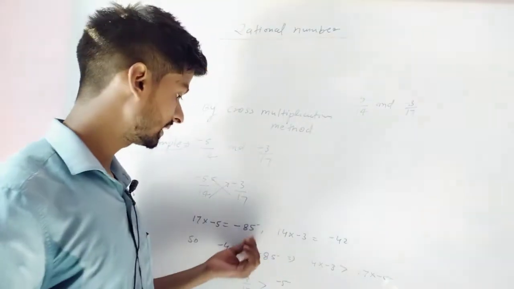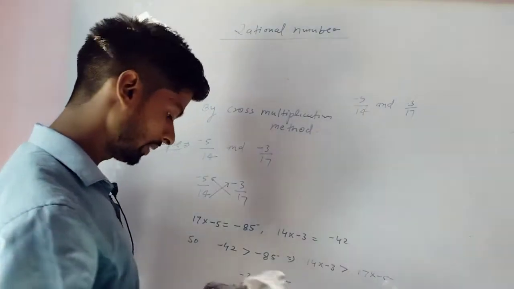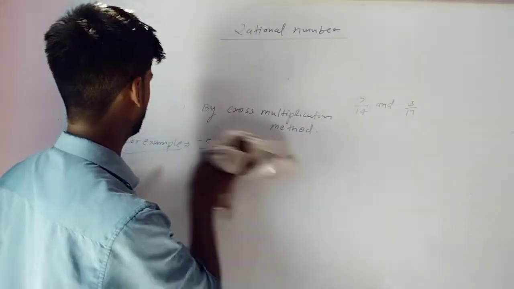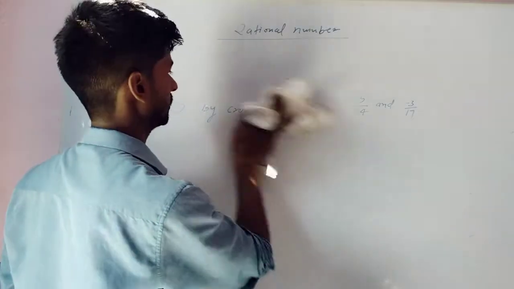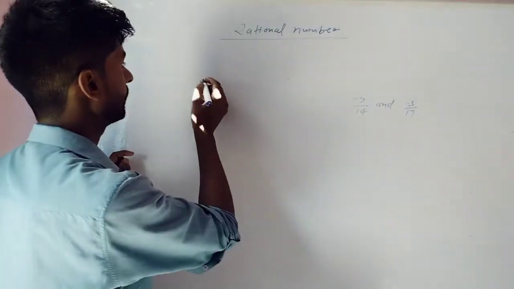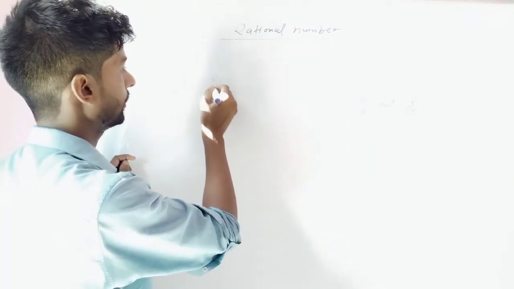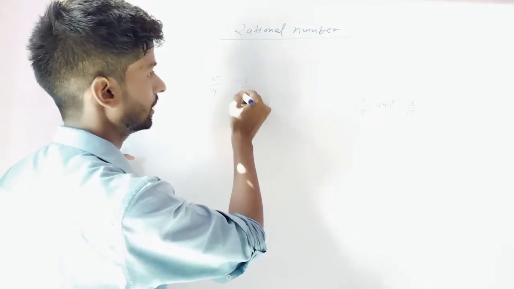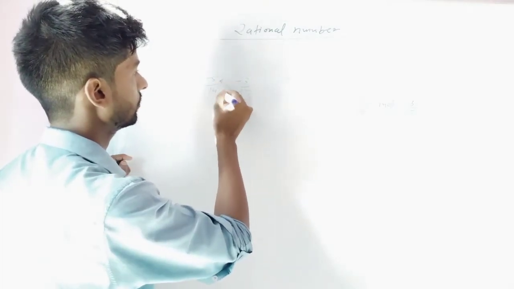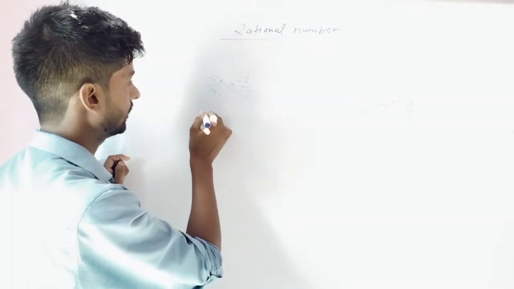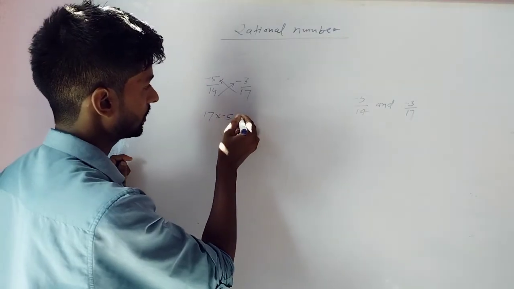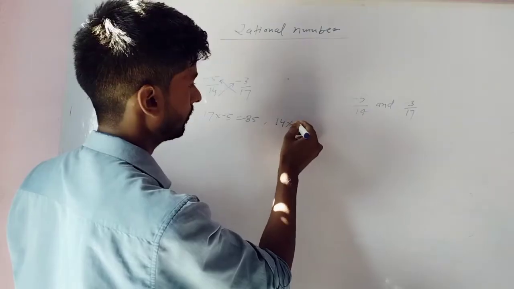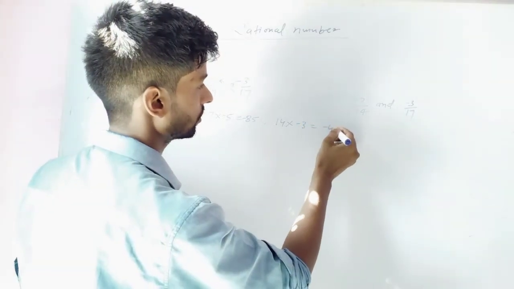Okay, we will see this example once again because it was cut from the video. So we can write -5/14 and -3/17. By cross multiplication, 17 multiplied by -5 is equal to -85, and 14 multiplied by -3 is equal to -42.